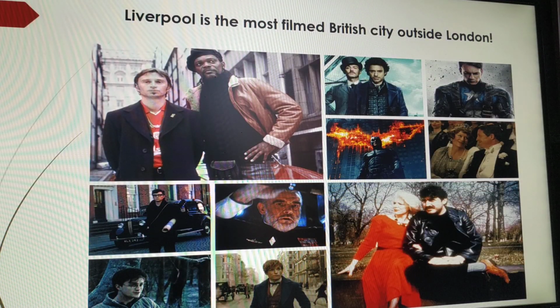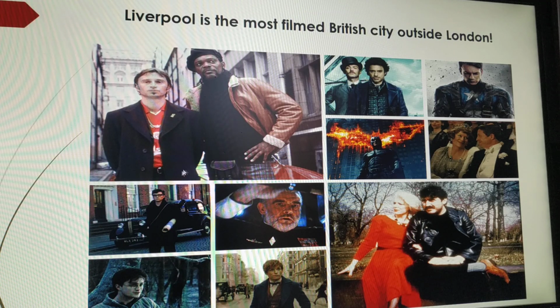Liverpool is the most filmed British city outside London. Let's see what films were shot in this city: The 51st State, The Hunt for Red October, Sherlock Holmes, In the Name of the Father, Captain America, Harry Potter and the Deathly Hallows, Fantastic Beasts and Where to Find Them, and many others.